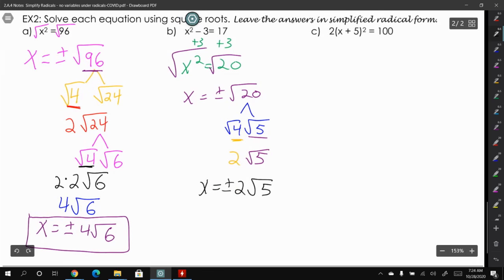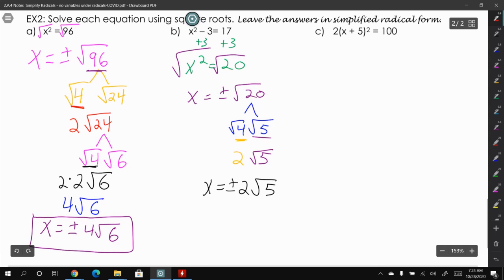Now, letter C is a little bit more difficult because we have x plus 5 in parentheses, which is squared. So first, let's divide everything by 5. So we get x plus 5 squared equals 50. Then we'll take the square root of both sides.